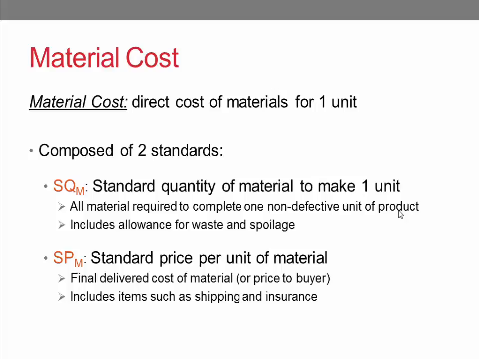Jumping right into the first type of standard cost, we have material cost. Material cost is essentially the direct cost of materials for one good unit produced.